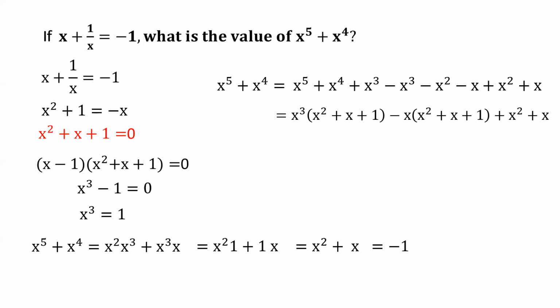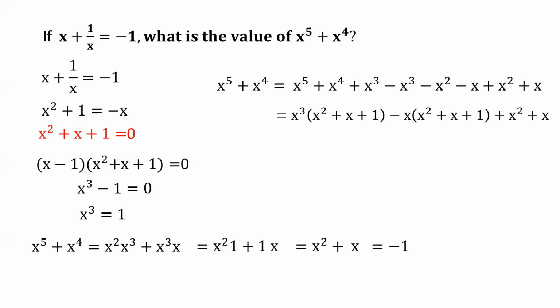From here, for the first three quantities, I can take x cubed common, and what I'm left with within parentheses is x squared plus x plus 1.